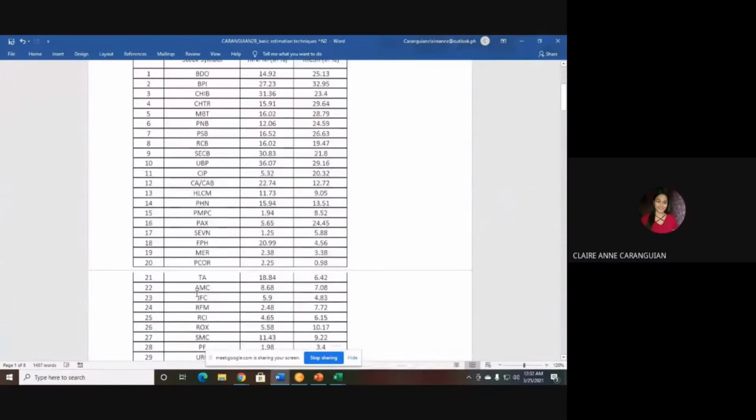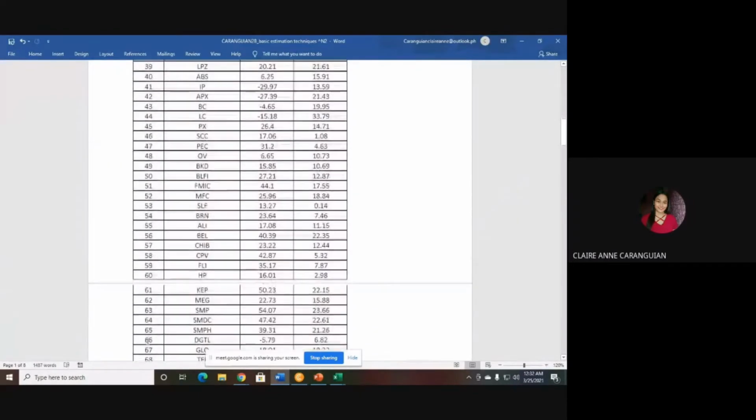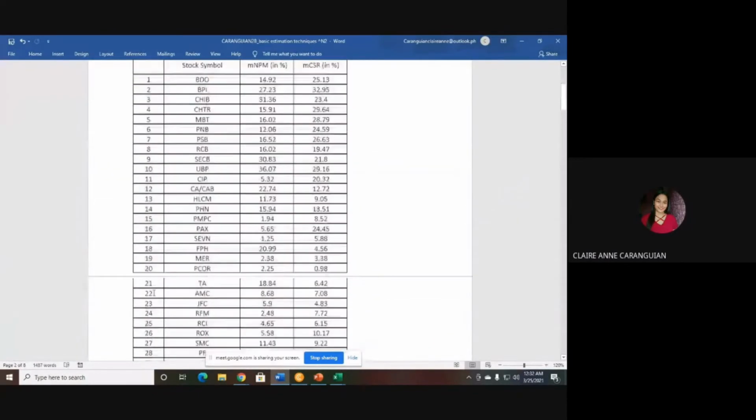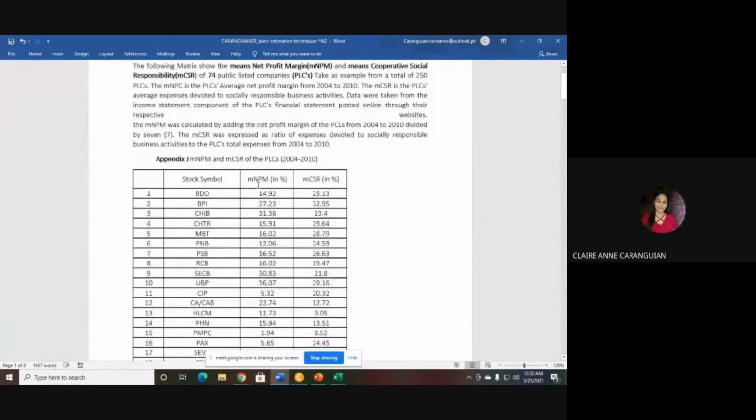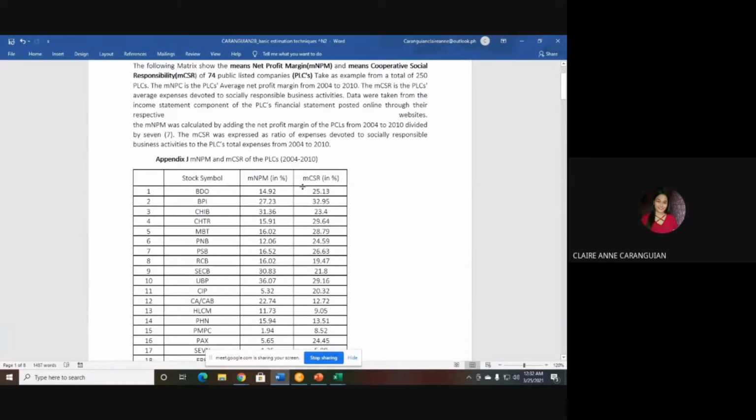Ito yung 74 public listed companies, and these are their mean net profit margin and the mean of corporate social responsibility. So this given is what we're going to use to calculate the correlation coefficient. So this is the x variable, while the MCSR is the y variable.